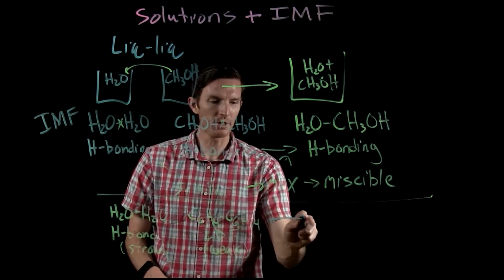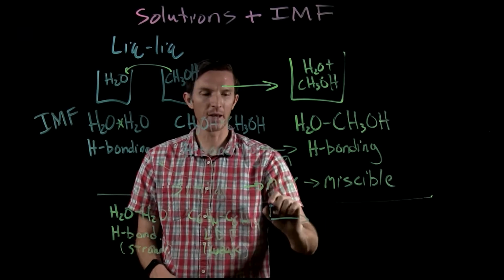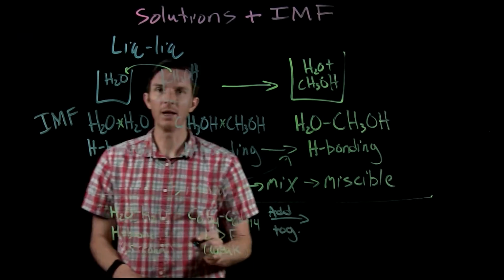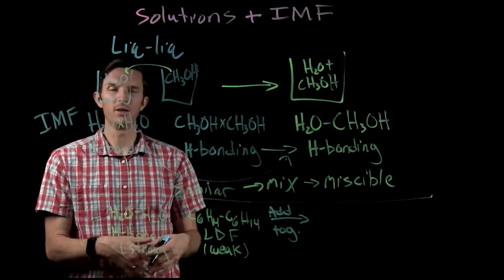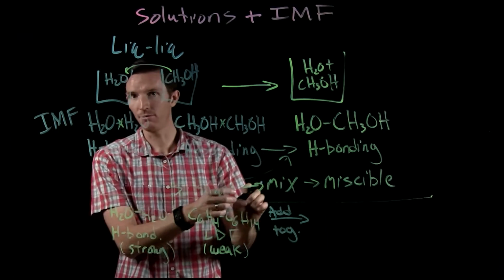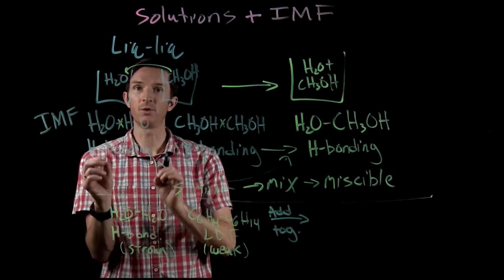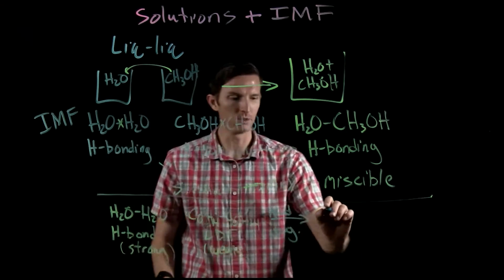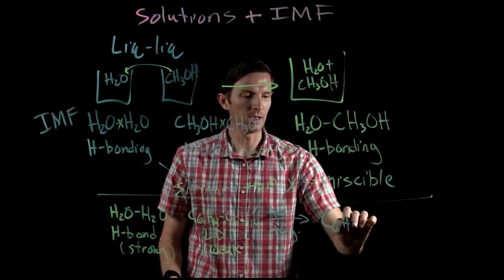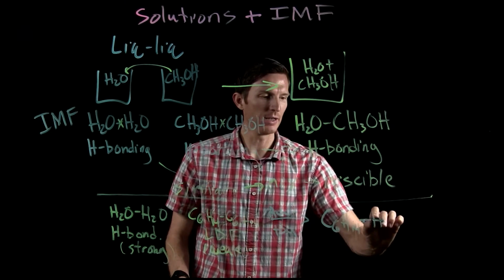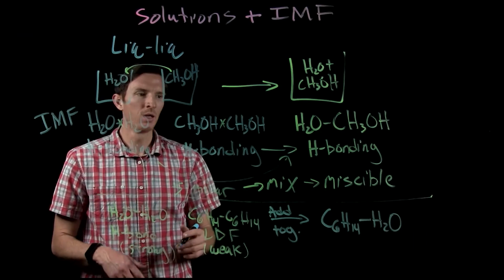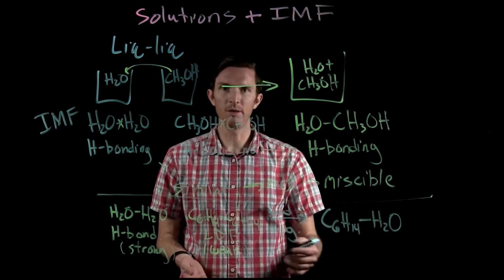And now we add these together. Once we add them together, the new type of attraction that can form is the attraction from one of our water molecules to a hexane molecule. So this would be our hexane molecule being attracted to our water molecule. This is going to be weak.